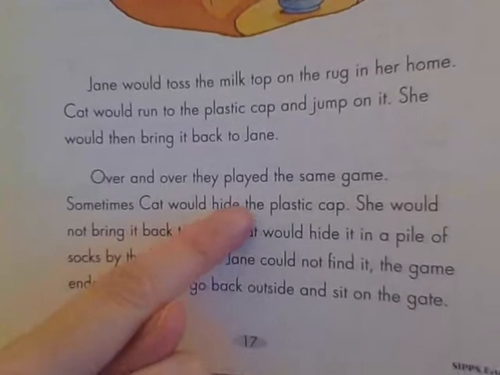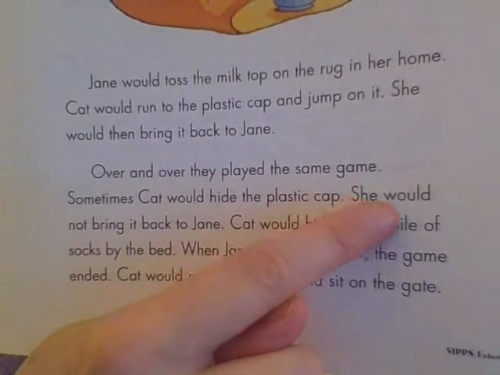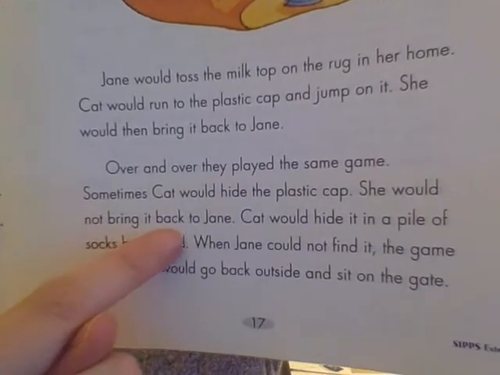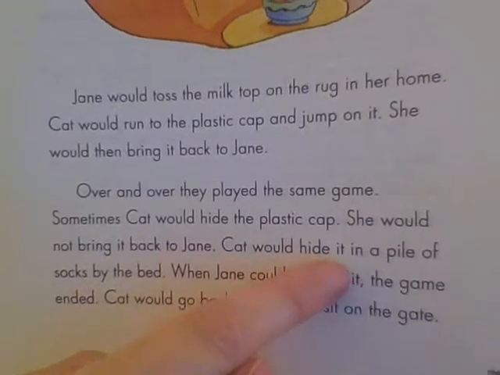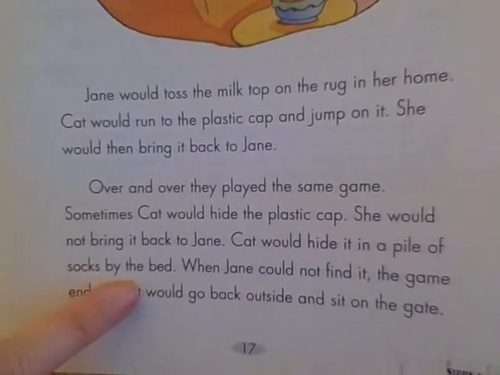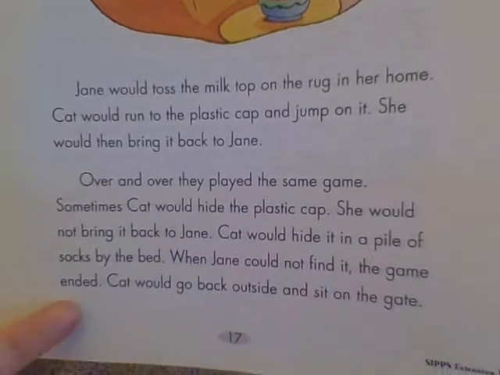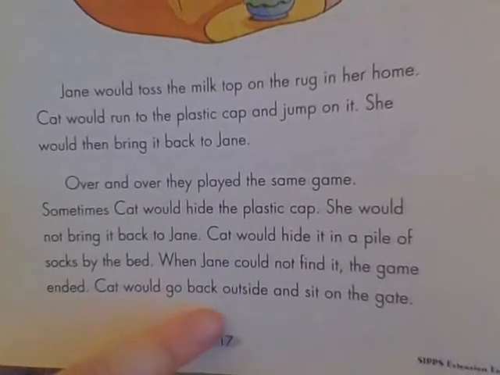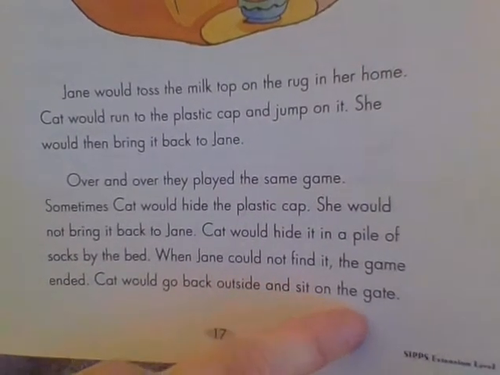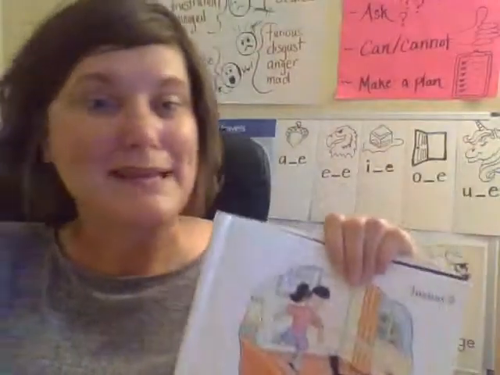Sometimes Cat would hide the plastic cap. She would not bring it back to Jane. Cat would hide it in a pile of socks by the bed. When Jane could not find it, the game ended. Cat would go back outside and sit on the gate. Sounds like they have quite the fun time together.